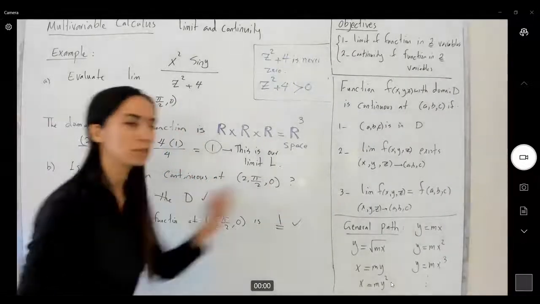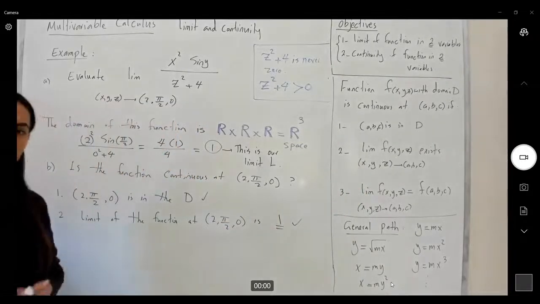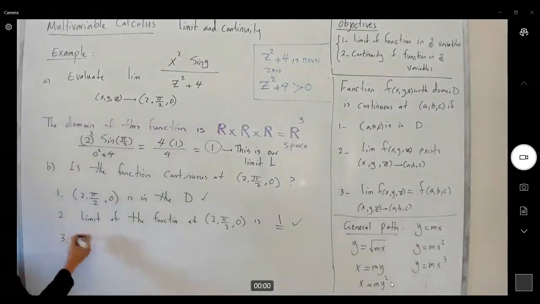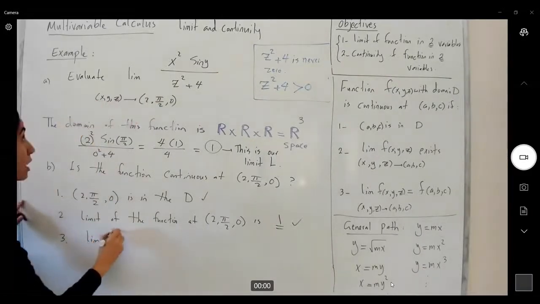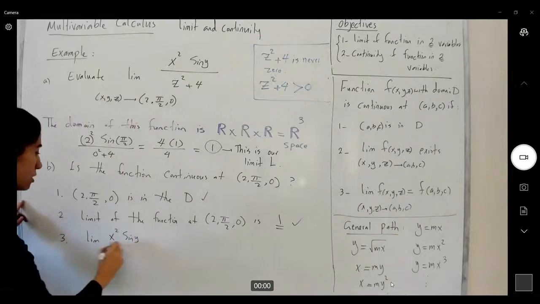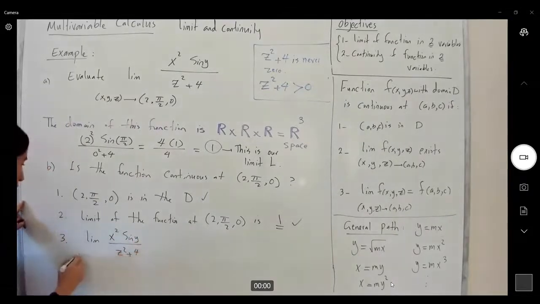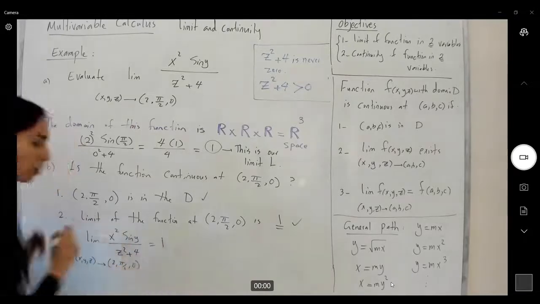Last condition: the limit of the function must be equal to the value of the function after we substitute them. We know that the limit of x squared sine y divided by z squared plus 4, as x, y, and z approach 2, pi over 2, and 0, is equal to 1.